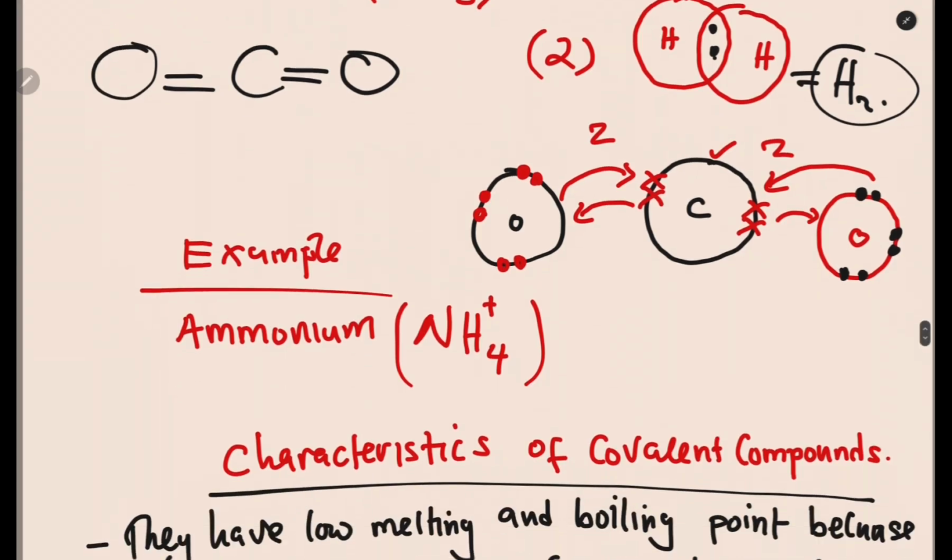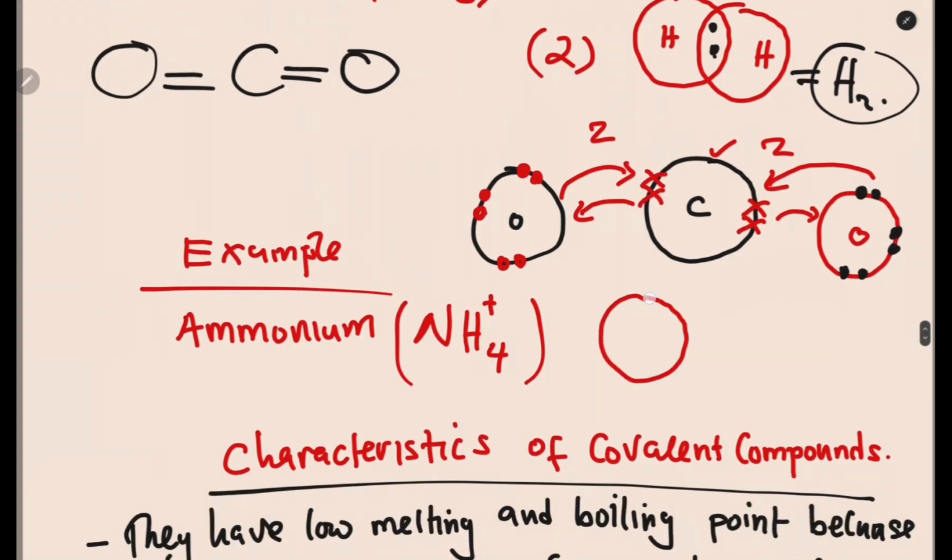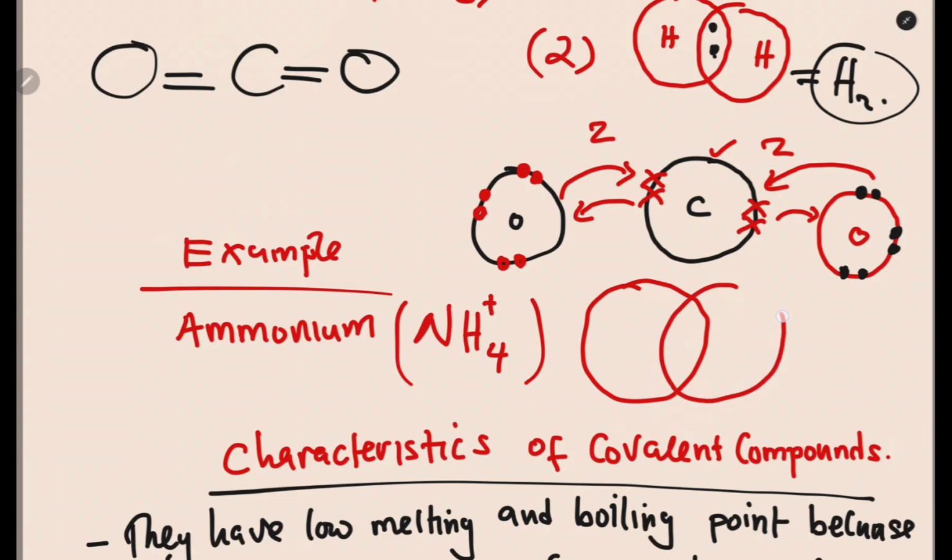I guess you get the idea. Let me try to draw a bigger diagram. It is going to be like this. This is oxygen, this is oxygen, this is carbon. Carbon is going to share 2 with this side, and also 2 with the other side. Oxygen is going to share 2, and the other oxygen also shares 2.